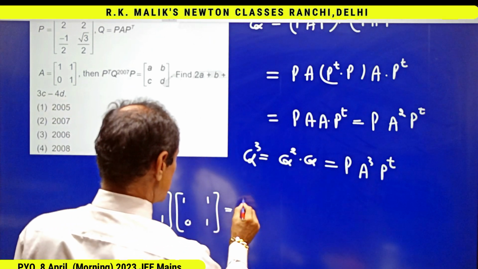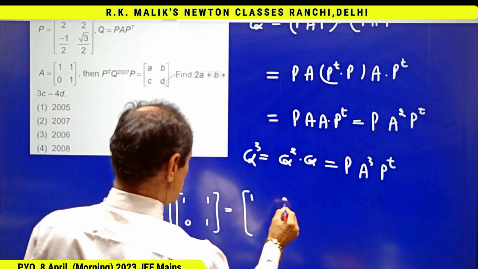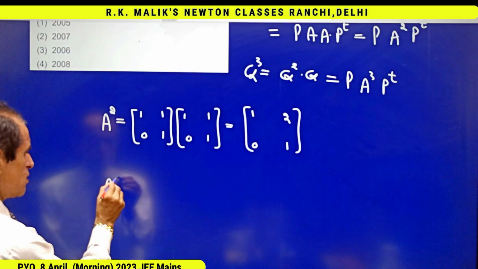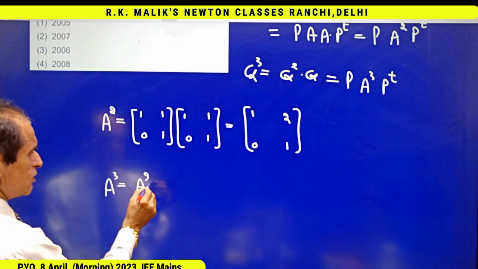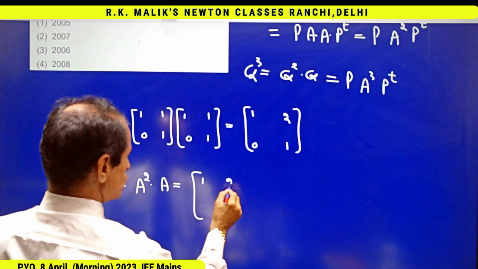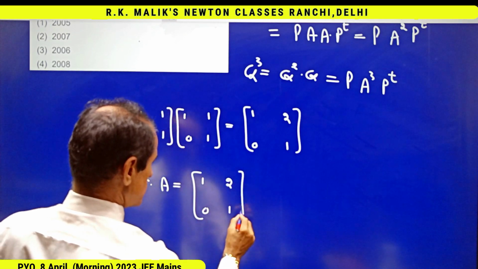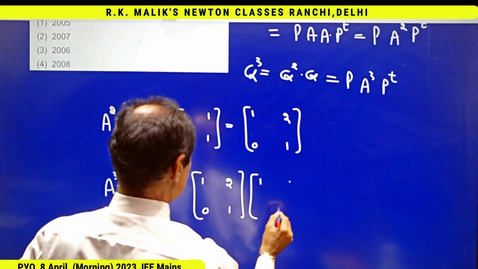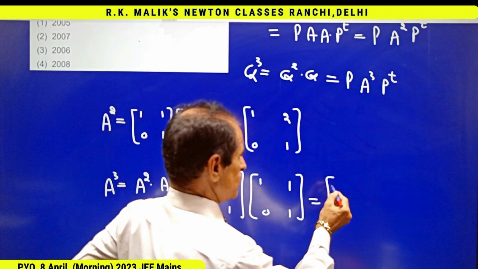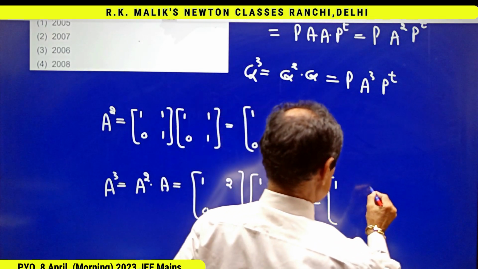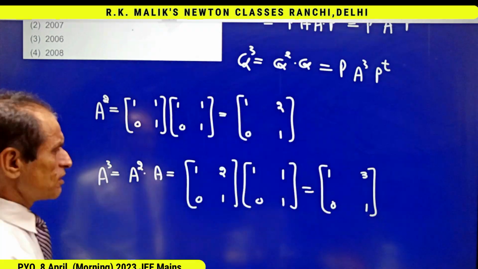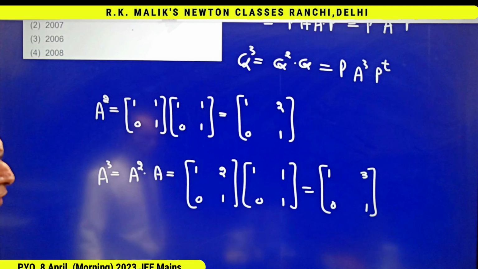This is equal to 1, 2, 0, 1, and now A cube is equal to A square into A, that is equal to 1, 2, 0, 1 into 1, 1, 0, 1, which is equal to, clearly, 1 here, 3 here, 0 here, and 1 here.